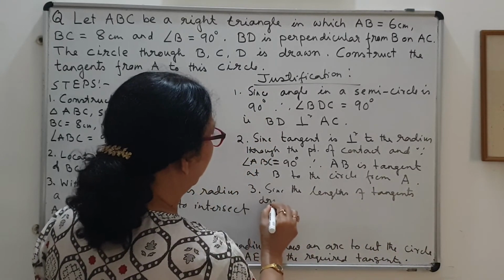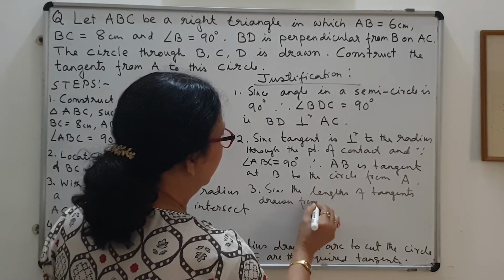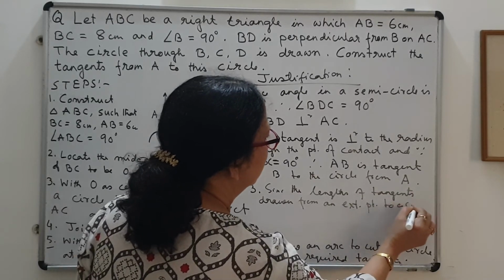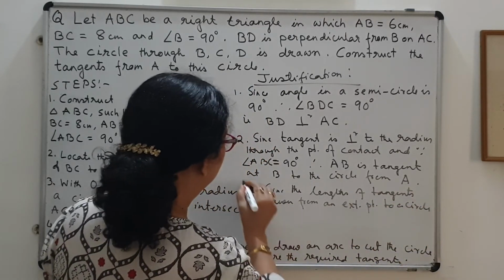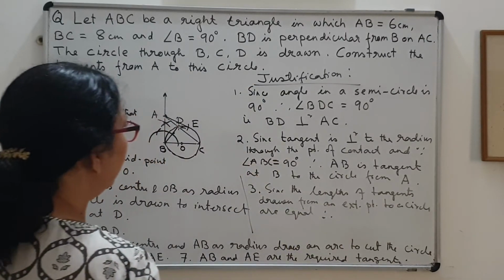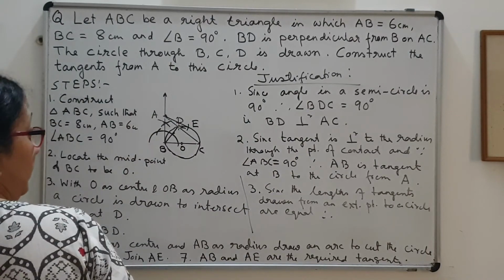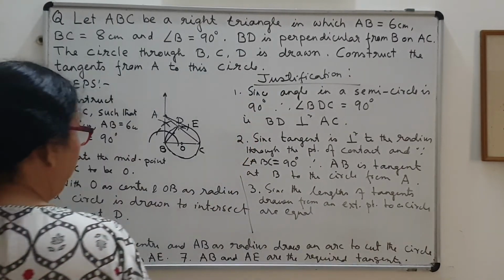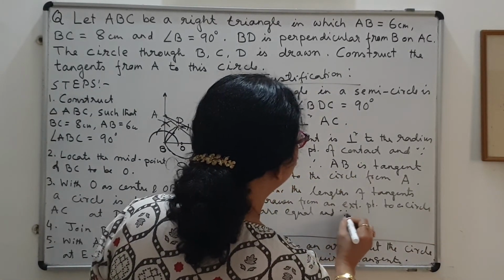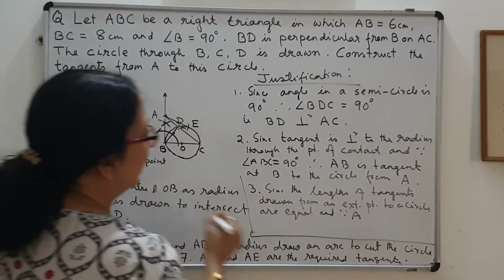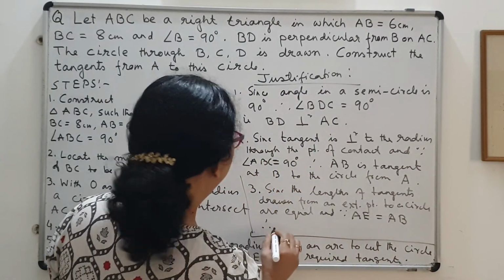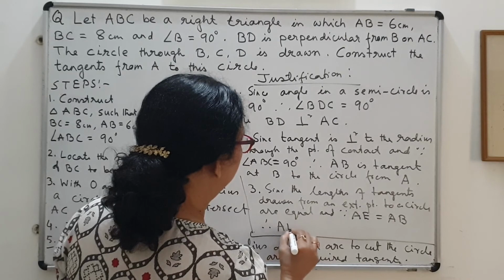And third justification, since the lengths of tangents drawn from an external point to a circle are equal, and since AE is equal to AB, therefore AE is the other tangent.